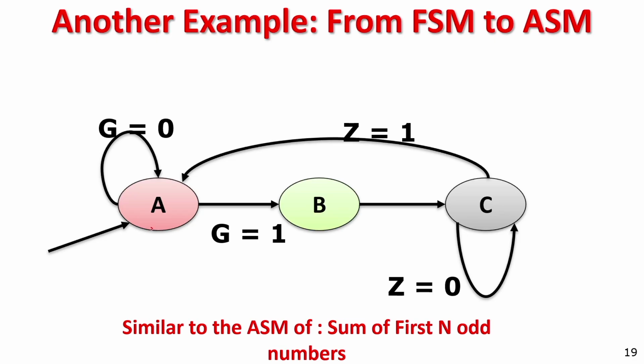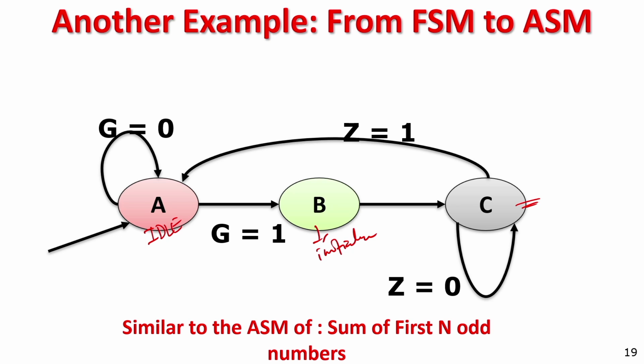So, if go is equal to 0, it will stay in the idle state, that means the ready state, and when go is equal to 1, it will initialize, and once it is initialized, it will start doing the computations.